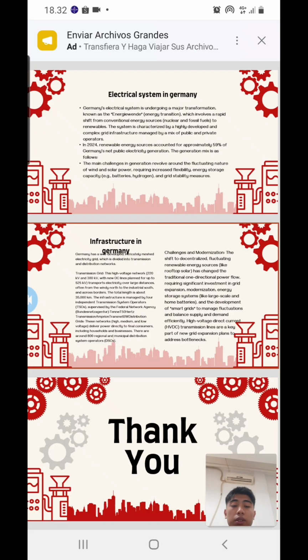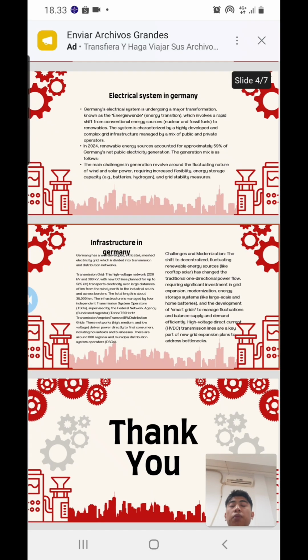The infrastructure is managed by four independent transmission system operators, or TSOs, supervised by the Federal Network Agency, or Bundesnetzagentur.